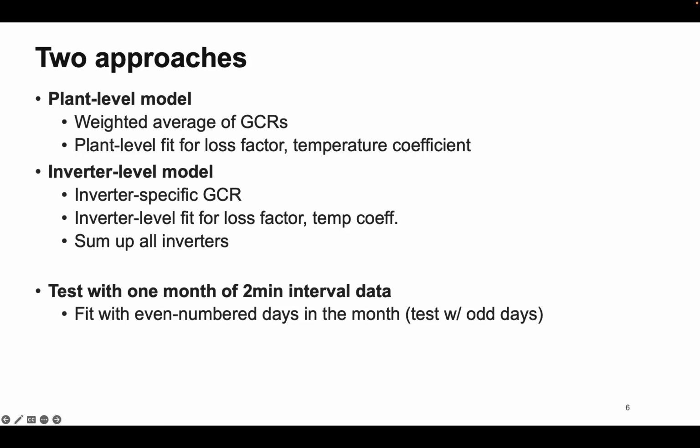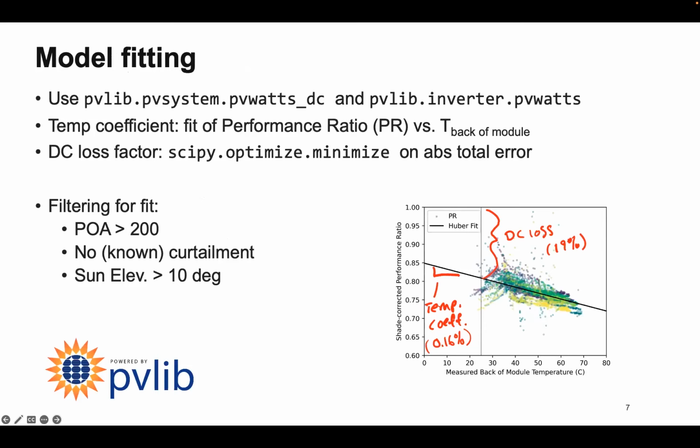And so what I did is I tested all of this. I used 1 month of 2-minute interval data, and I'm fitting the models using the even number days and then testing with the odd number days. So, you know, we've got a little bit of variation there, not exactly overfitting. So a look at how the model works and how we do the fitting.